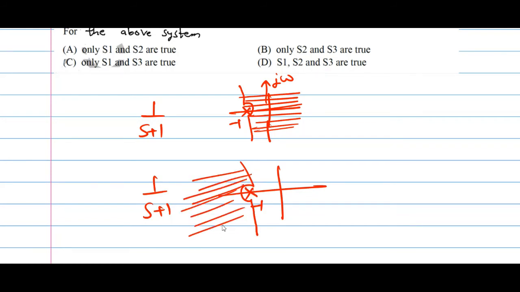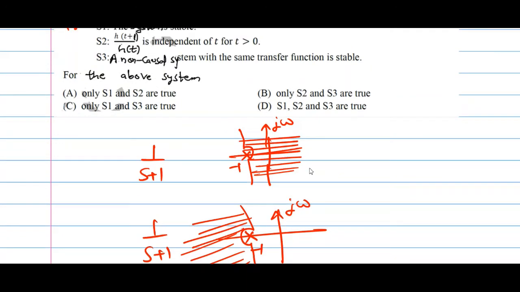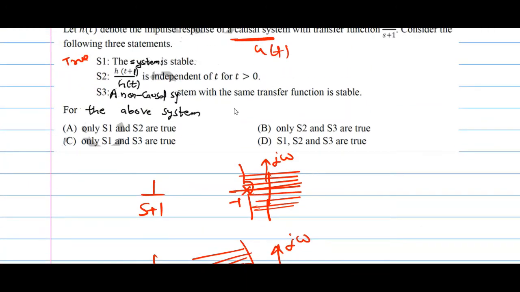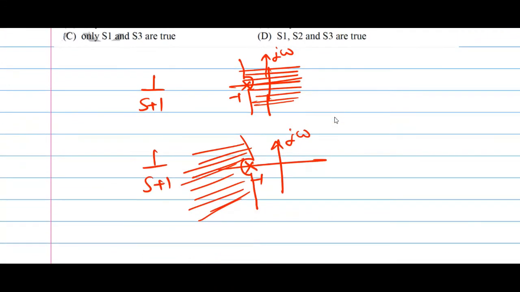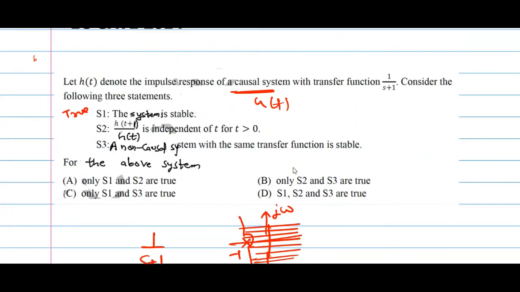So from -1 it is going towards the left hand side. So it is not crossing the j omega axis. Okay. So, a non-causal system with same transfer function is stable? No, a non-causal system with same transfer function is unstable, because it is not including the j omega axis. Okay. So statement 3 is false.